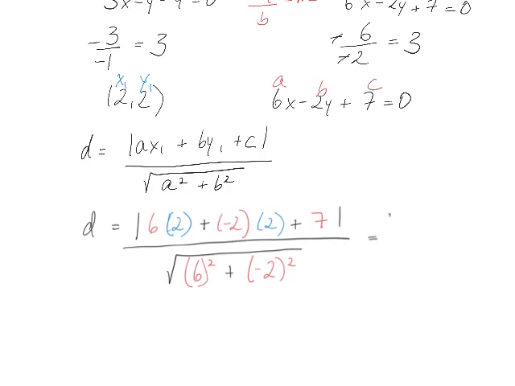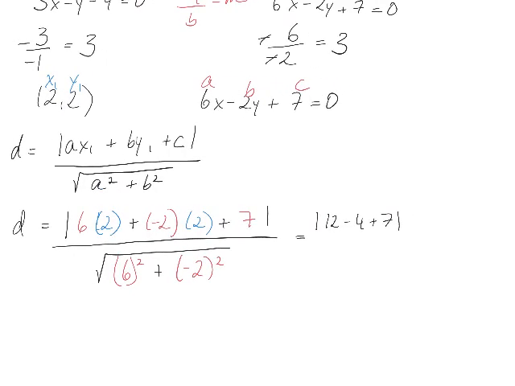So we have 6 times 2 is 12 minus 4 plus 7. So that would be 15. The modulus of 15, but that is just 15, over the root of 6 squared, 36, plus 4. And so that would give us root 40.